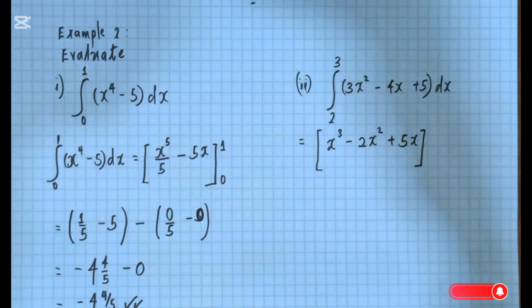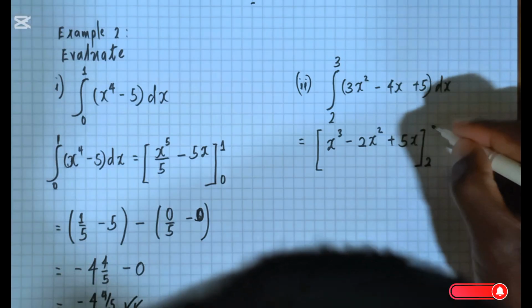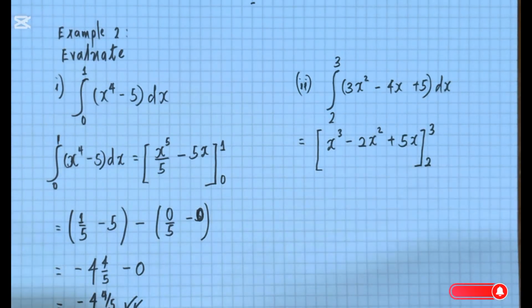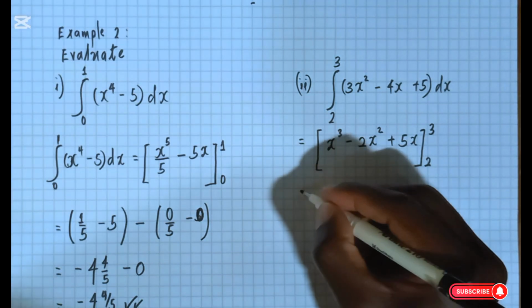All right, so then we include the lower limit here and the upper limit right there. But you see, this problem is not yet solved. We are going to then have the upper limit minus the lower limit, having been substituted into the function that we have here.